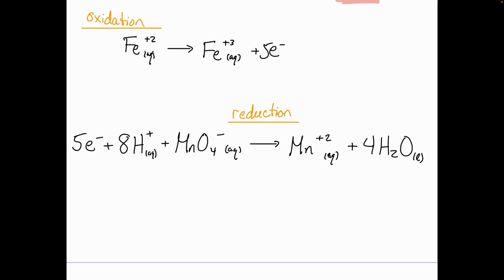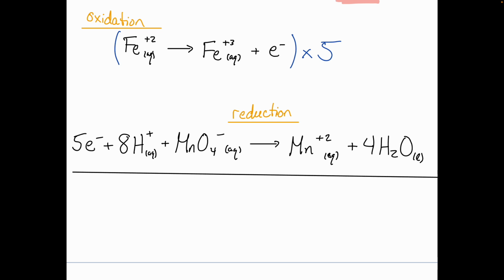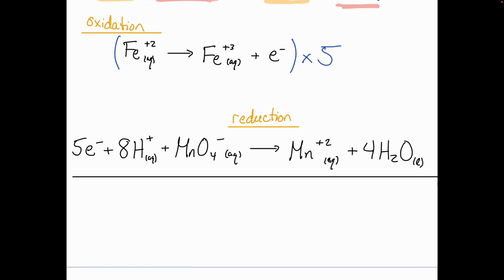We spent all that time charge balancing. So what we're going to do is take the entire thing and multiply it by 5, and then we'll sum these up. I'm going to give you all a head start on trying to sum this up, and then I'll quietly start filling in.